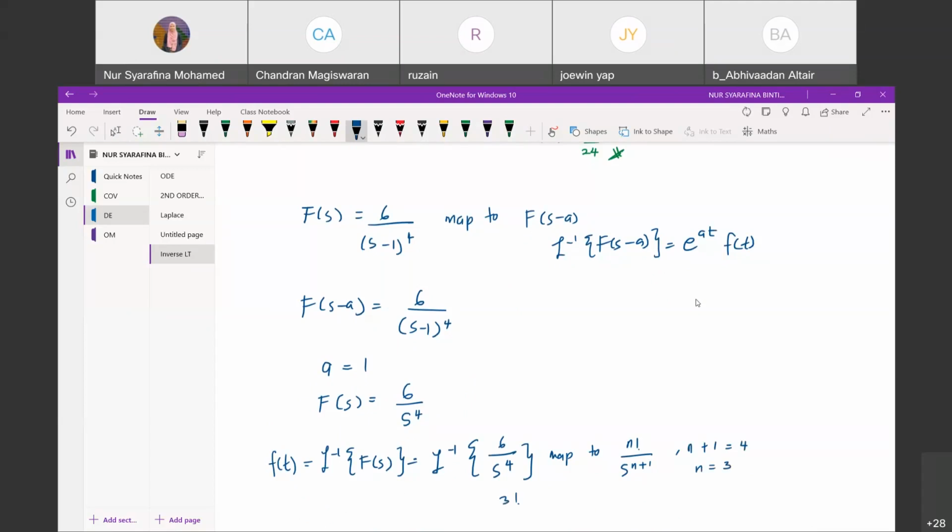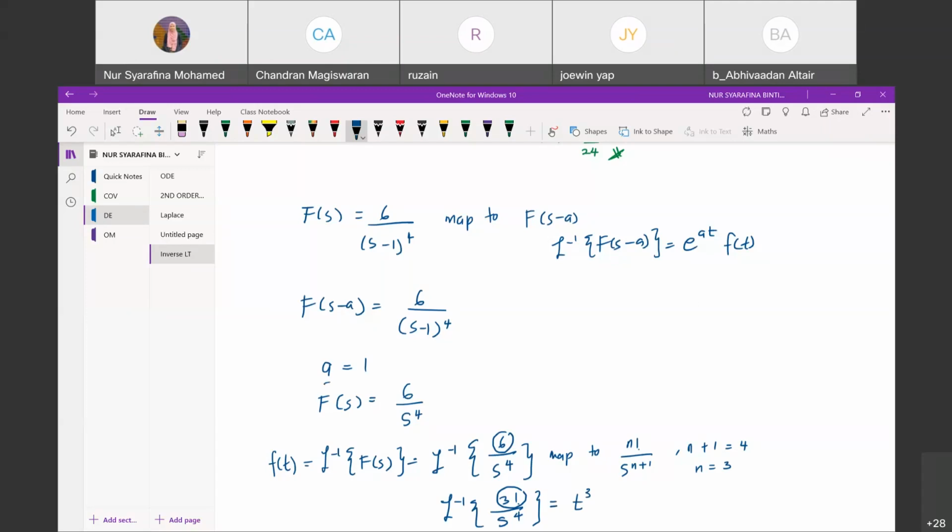So 3 factorial over s to the power of 4, right? Where 3 factorial here equals 6. So inverse transform of 3 factorial over s to the power of 4 equals t to the power of 3. Clear or not? So this is f(t).